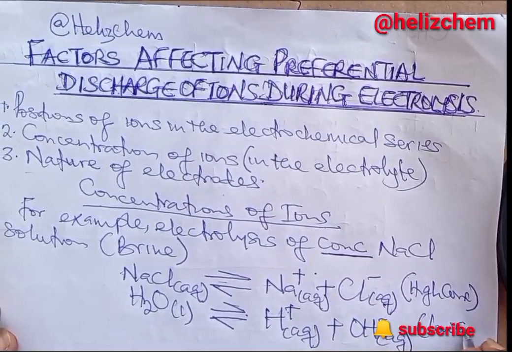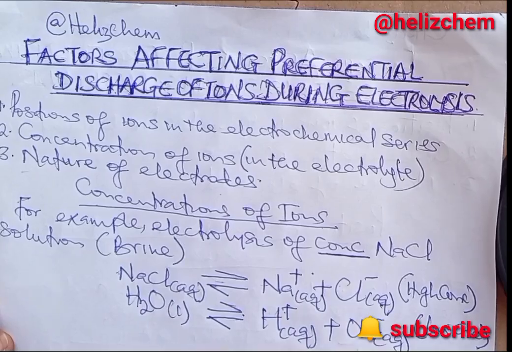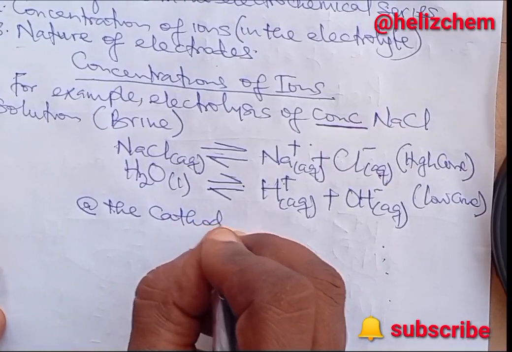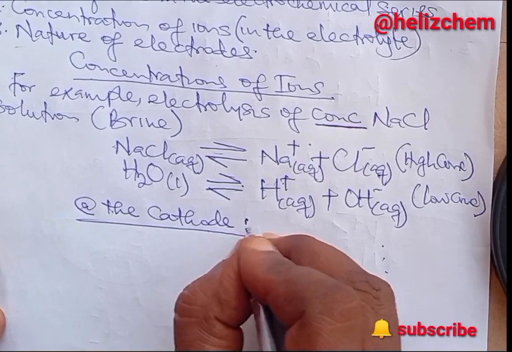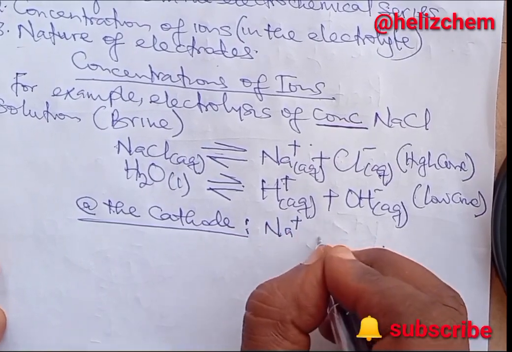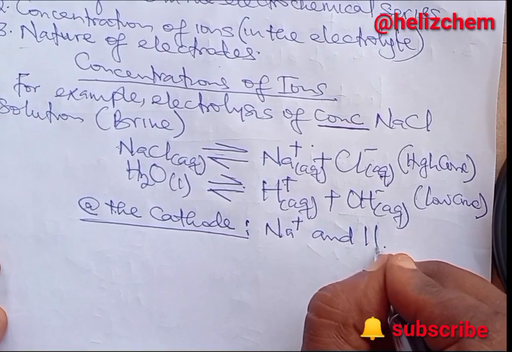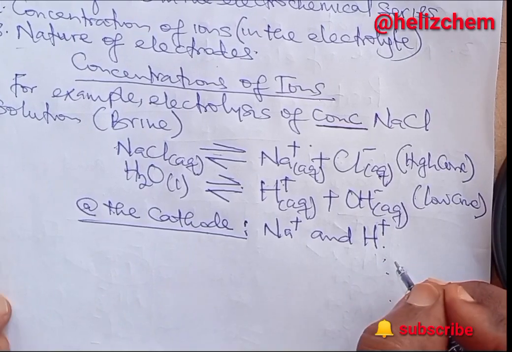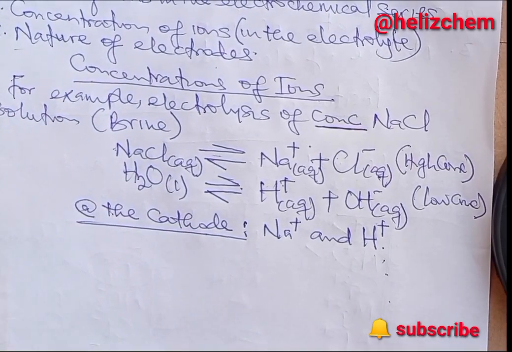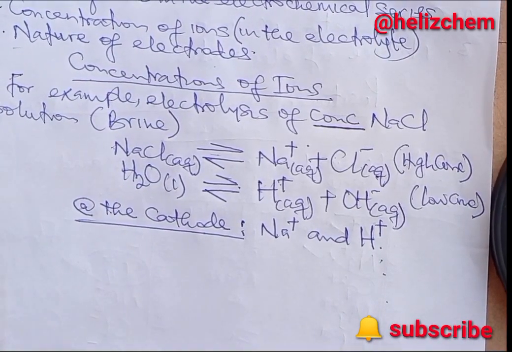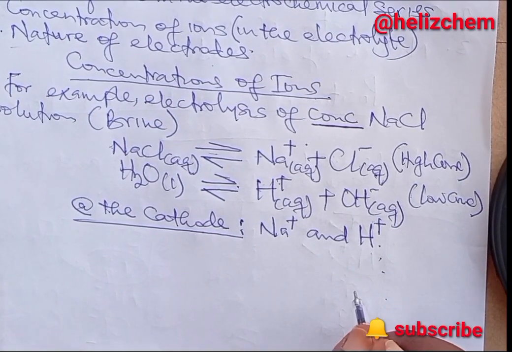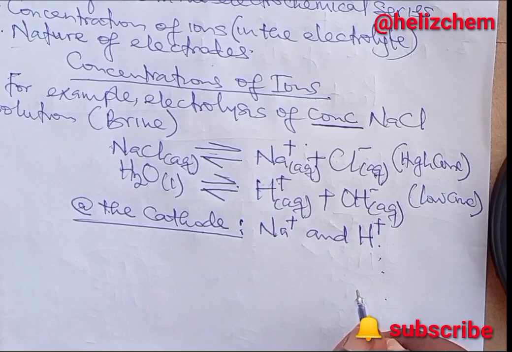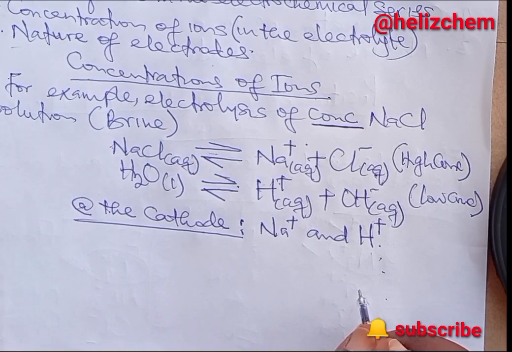Don't forget, low concentration. Now at the cathode, we have sodium ions and hydrogen ions migrated to the cathode. When they get to the cathode, hydrogen ions, though lower in the series than sodium ions, are preferentially discharged.